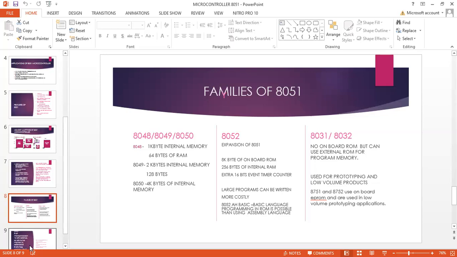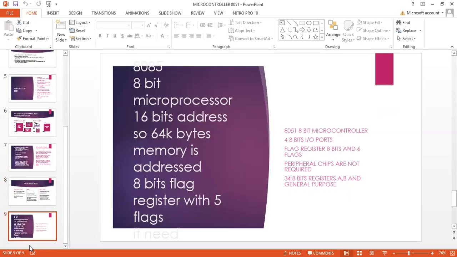Then they can ask you about the difference between 8051 and 8085. Or they can ask you the difference between microcontroller and microprocessor. So if they ask you the difference between the microcontroller and microprocessor, basically they are talking about a general microprocessor and a general microcomputer. A microcontroller is a single chip computer. Microprocessor is nothing but a CPU.